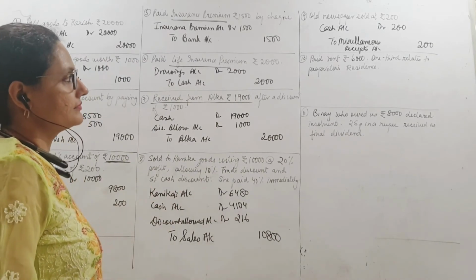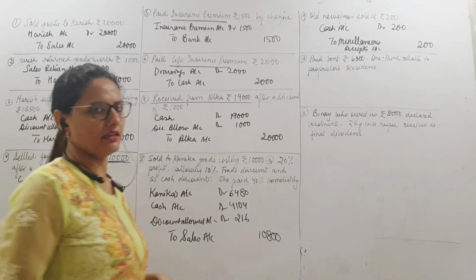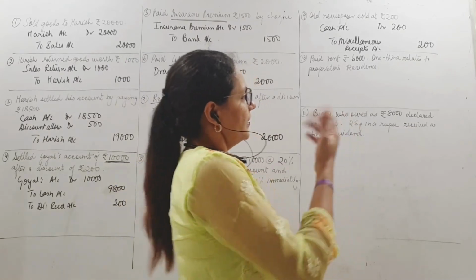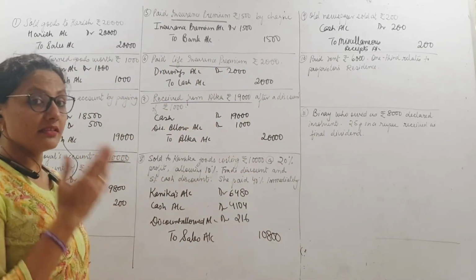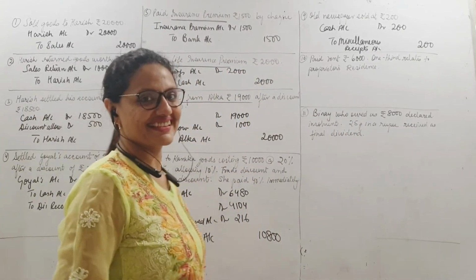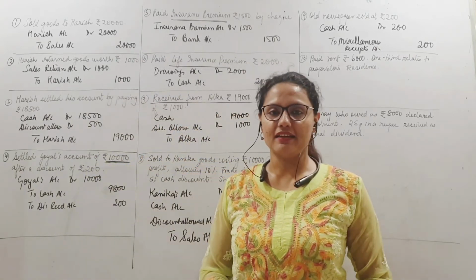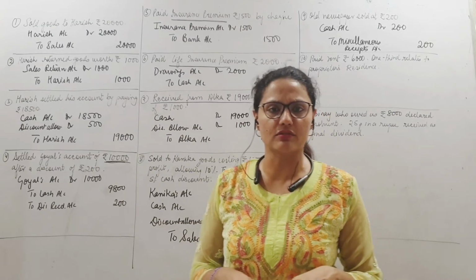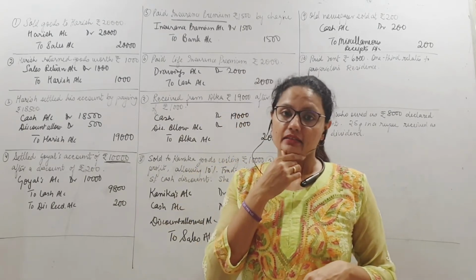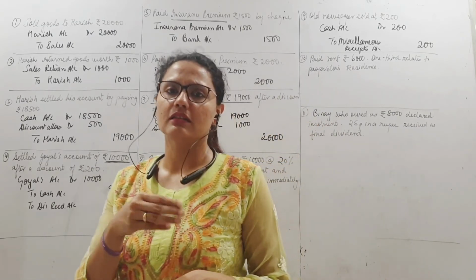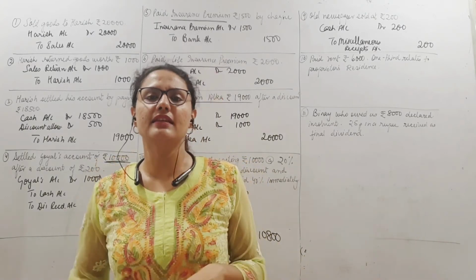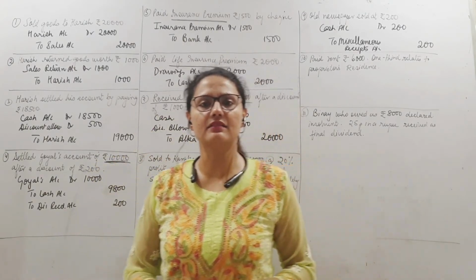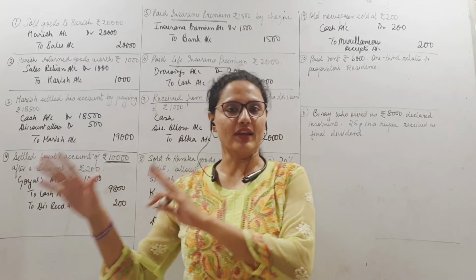Paid rent, 6,000. Rent is an expense. Rent account debit. One third relates to proprietor's residence. Out of the 6,000 paid, if 6,000 is for business, then business is supposed to pay rent for 6,000. But out of this, one third is for the proprietor's residence, a personal expense. Personal expense equals drawings.